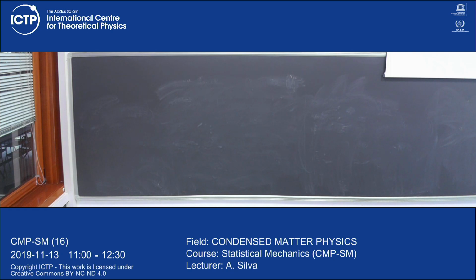Now let me assume that u naught, this interaction strength, is not too large, it's actually pretty small. If I do so, then I can expand this exponential in power series. Then it's clear that this is going to be equal to, first of all, minus 4/3 pi r naught cube, plus the integral between r naught and plus infinity, dr 4 pi r squared, times beta u naught r naught over r to the power 6.